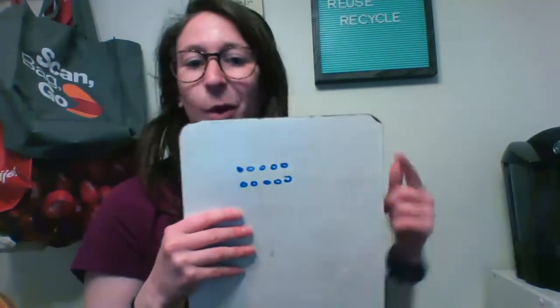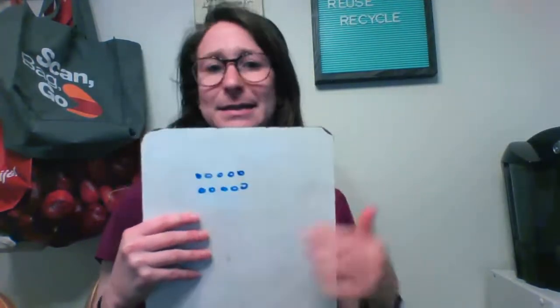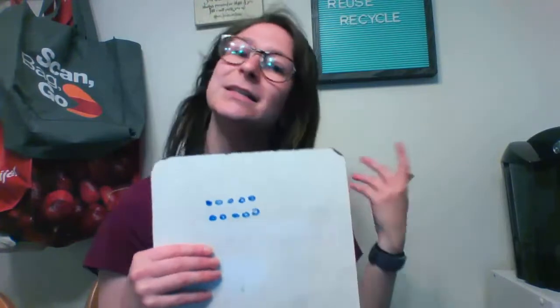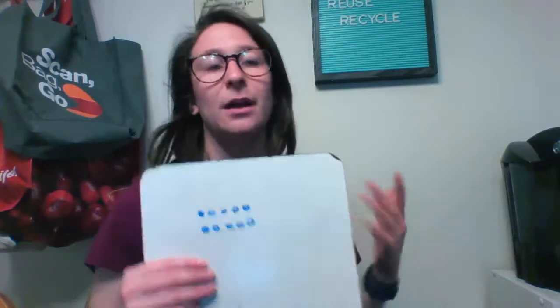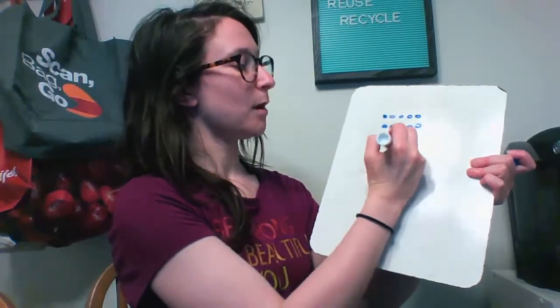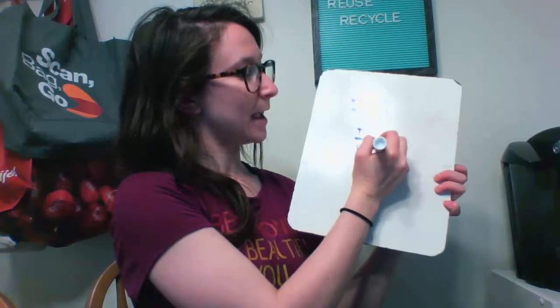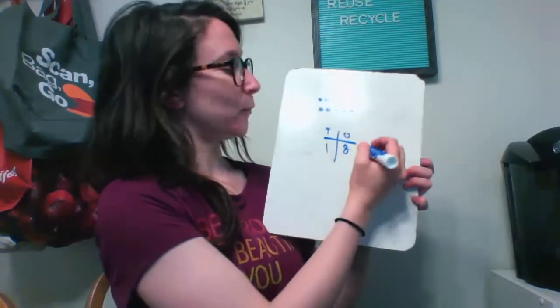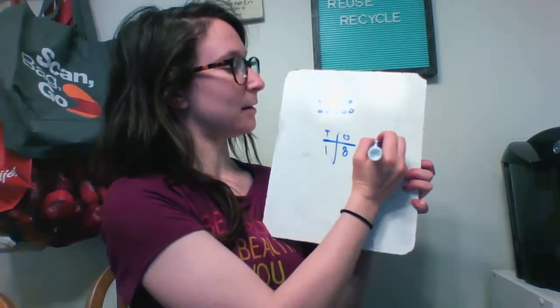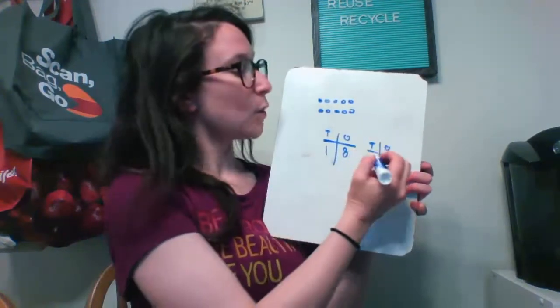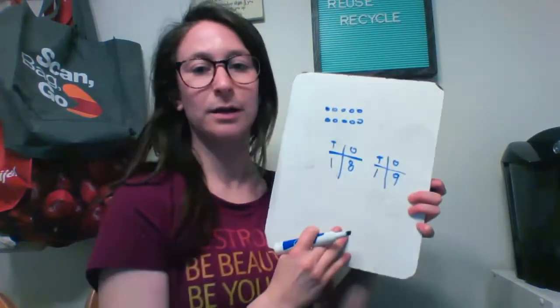All right, so in our ones place, we can't have 10 dots in our ones place because usually when we say the number, let's say the number 18. Well, 18 is 1 ten and 8 ones. And if we have the number after it, 19, 19 is 1 ten 9 ones.